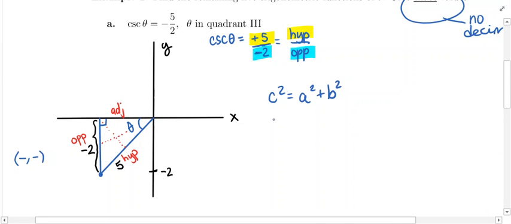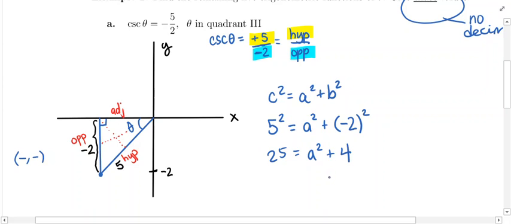So we plug in: 5 squared is equal to a squared plus b squared, where a is the adjacent and b is the opposite side. This allows us to solve for the adjacent side. We get 25 equals a squared plus, if you square negative 2, that's negative 2 times negative 2, which is positive 4.